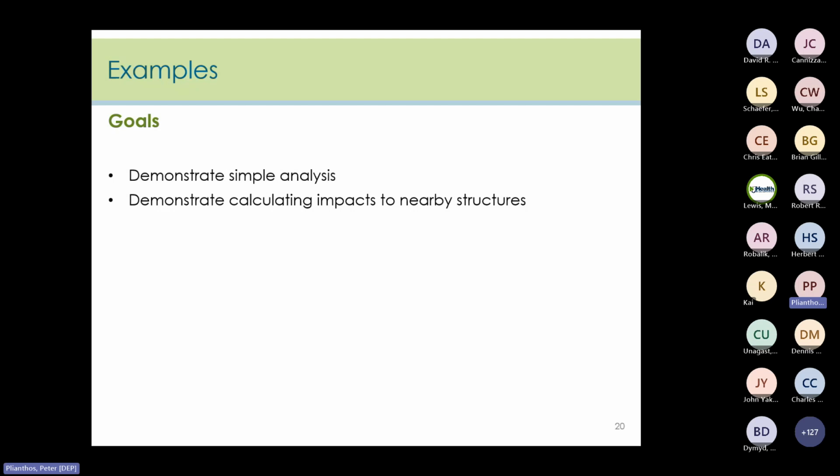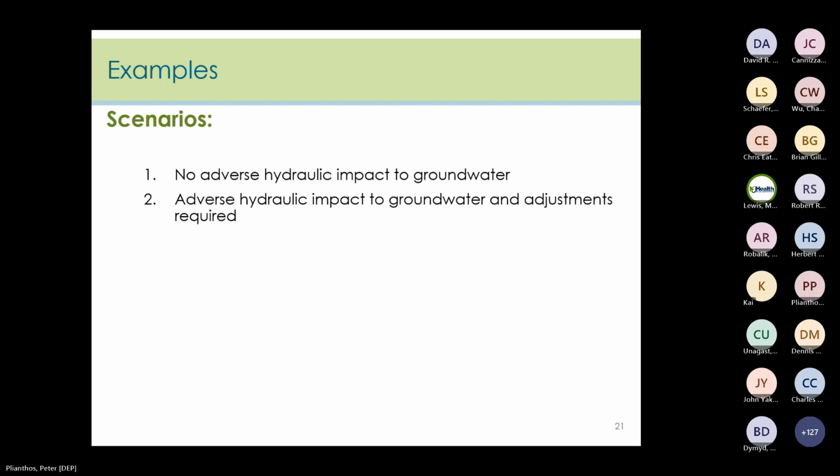After a straightforward example, we'll look at an analysis that shows infiltration will be at a slower rate than the design saturated soil hydraulic conductivity and what changes need to be made because we encounter an impact. In other words, we'll see two different scenarios.